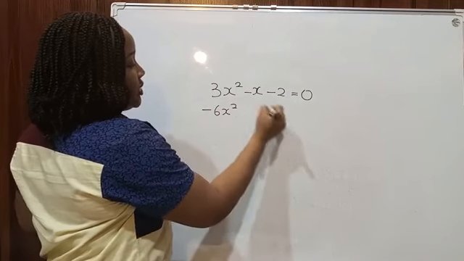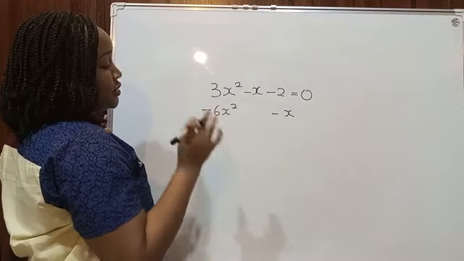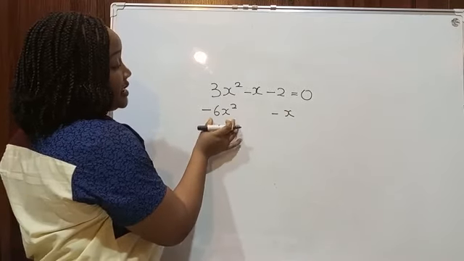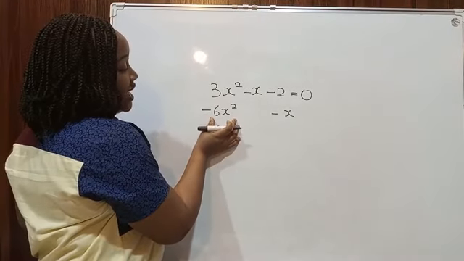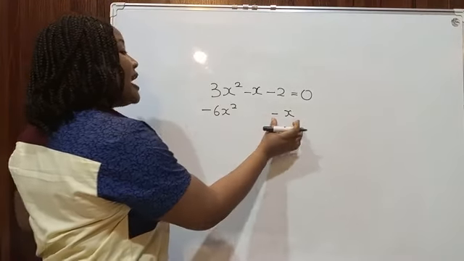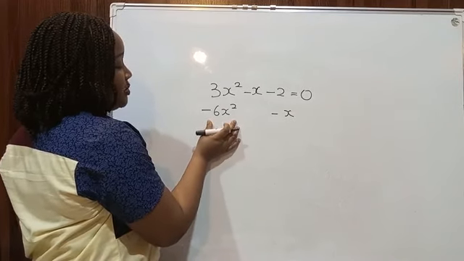Now you bring down this minus x. You look for two algebraic terms that will multiply to give you minus 6x squared and add to give you minus x. So let's find the factors of this algebraic term.